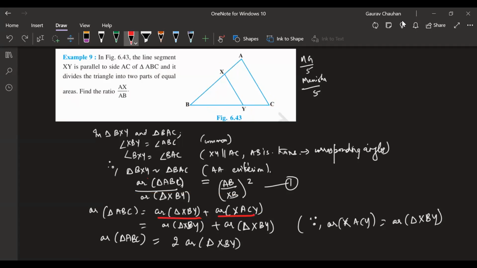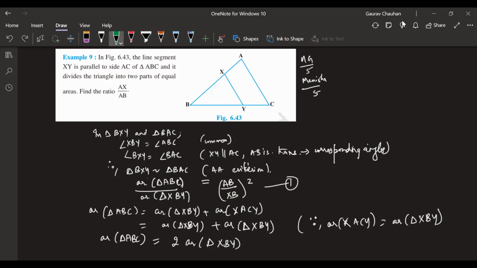Full area. Yes, sir. Now, what I'm saying is already we know this and this are equal. Are you getting this, Bindu? Yes. So I'm changing it in a way to get area of triangle XBY plus area of triangle XBY. Why? Because this is equal to this. In place of area of XCY, I can write XBY. Okay, Bindu? That's my reason. Yes, sir.